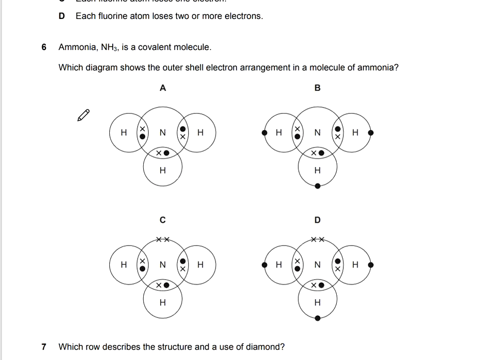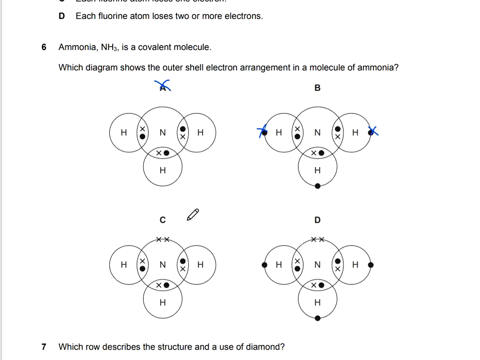So in here, let's see, for the rule of 8, letter A is not satisfied. It only has 6 electrons, as well as letter B. And you see the extra electron in hydrogen, which is also not correct, because hydrogen has only 1 electron available.